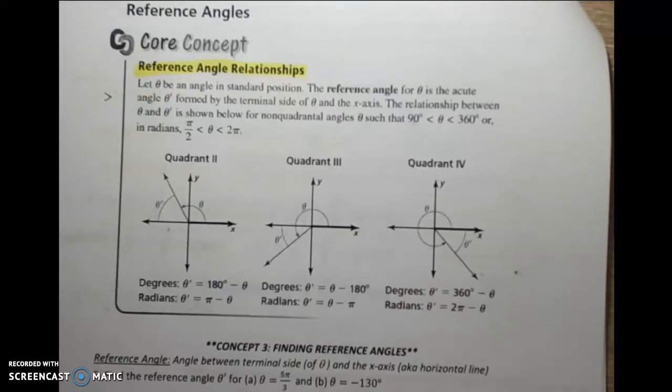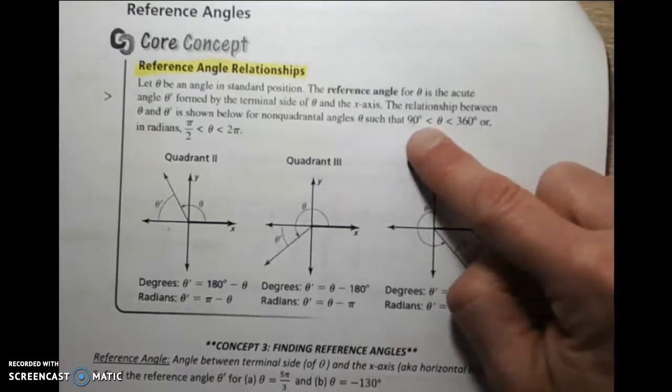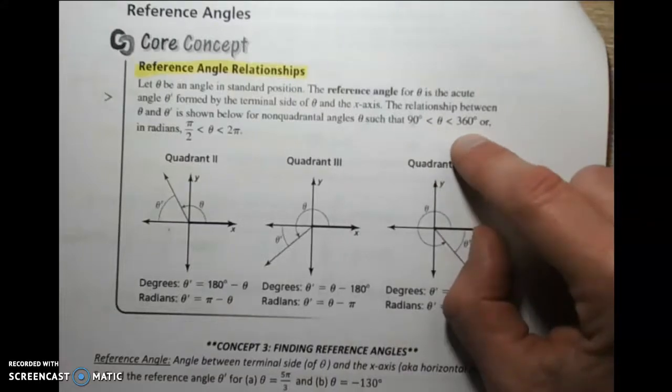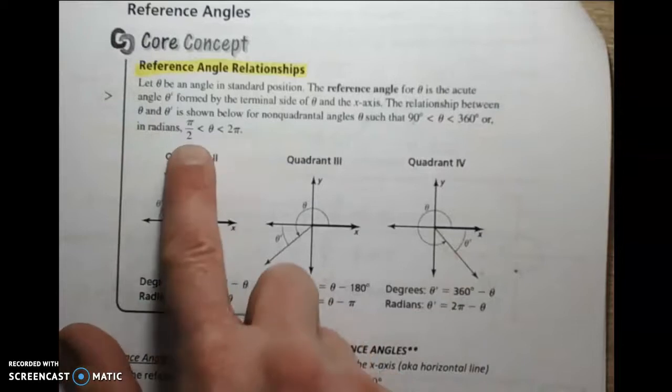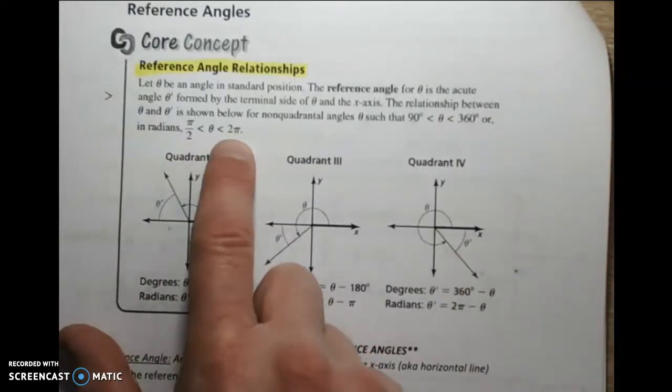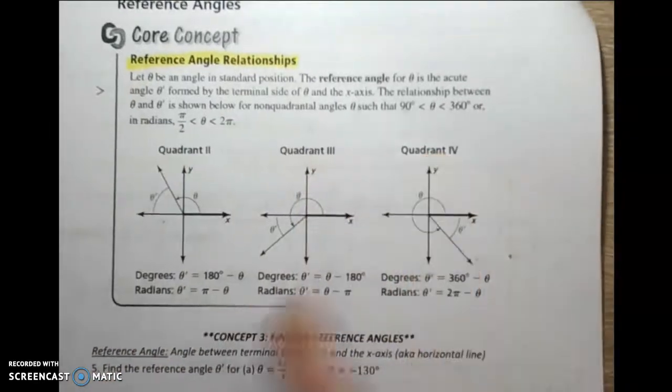The relationship between theta and the reference angle is shown by the non-quadrantal angles between 90 and 360 degrees, or in radians, pi over 2 and 2 pi. So we're only talking about quadrants 2, 3, and 4 is what they're saying.